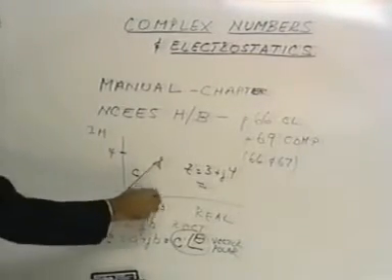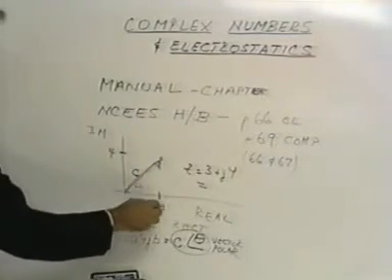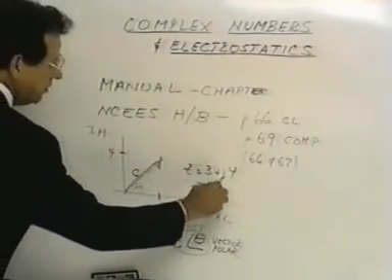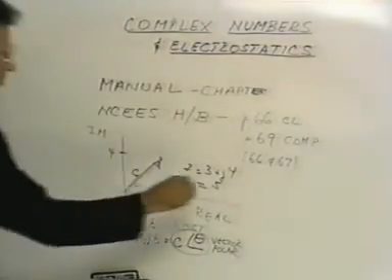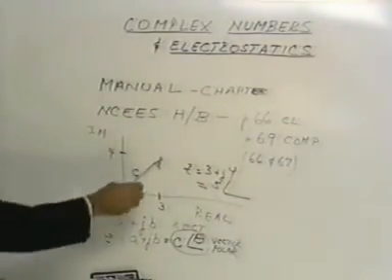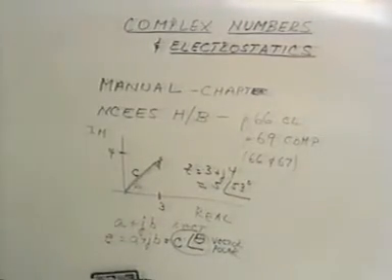If this is 3 and this is 4, then this length would be the square root of the sum of the squares, 3 squared plus 4 squared. It gives us 5. And 5 forms an angle, and if we check to see what that angle is, it's approximately 53 degrees. So 5 at 53, or 3 plus J4, gives you the same thing.